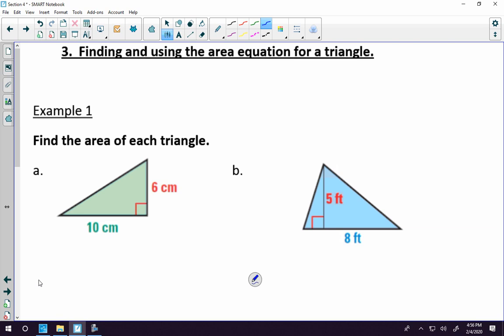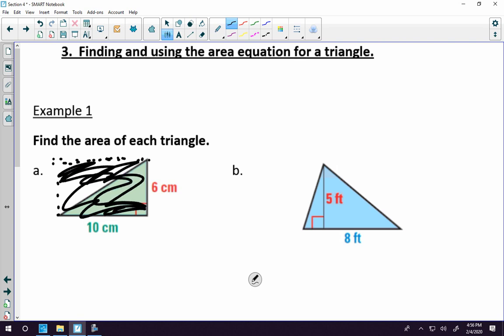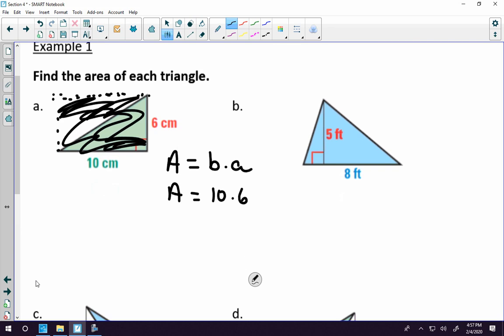Let's put this into practice. Example 1: find the area of each triangle. Since we've already covered rectangles, let's think about it: if we actually create that rectangle, the space inside of it, from 8.3's lesson, is area equals base times altitude. That's the base length 10 times the altitude 6. The area of that black rectangle would be 60 square centimeters.